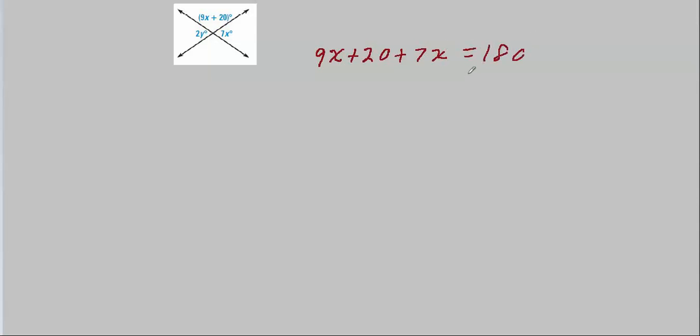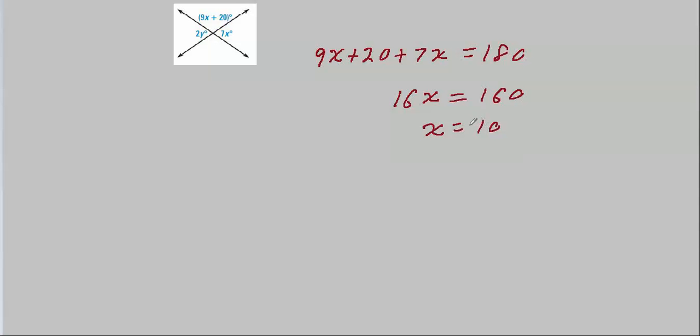And with a little rearranging, we get 16x, pardon me, I just dropped my digital pen. 16x is going to be 160, and we divide that by 16, and I would say x equals 10.